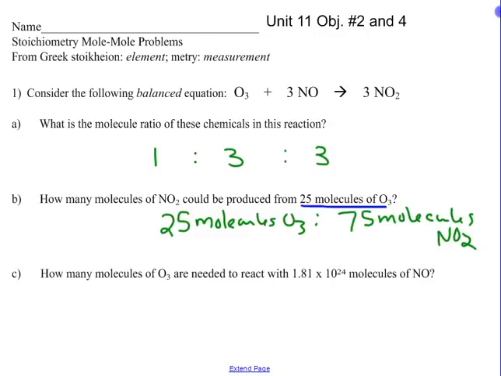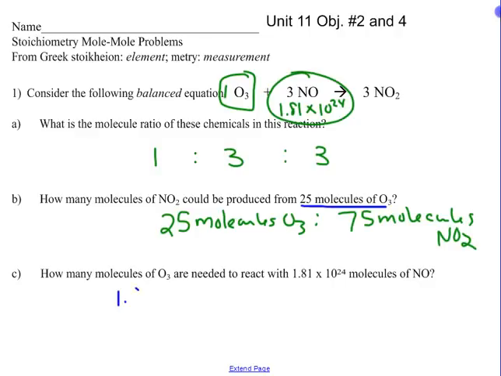So now what this question is asking in 1C, how many molecules of O3 are needed to react with 1.81 times 10 to the 24 molecules of NO? So this is a 1 to 3 ratio, and if it's not a mental math problem, like this one may not be, you can see that we can set this up as a conversion fraction.